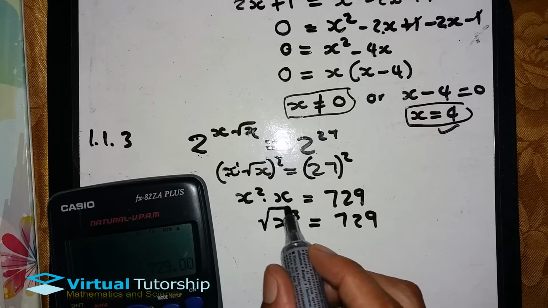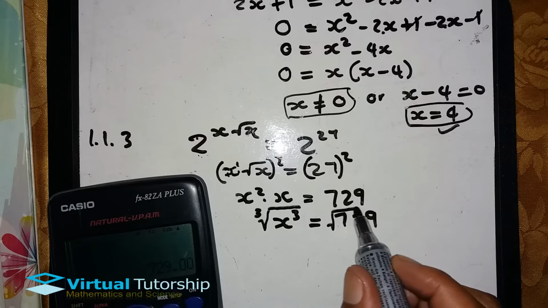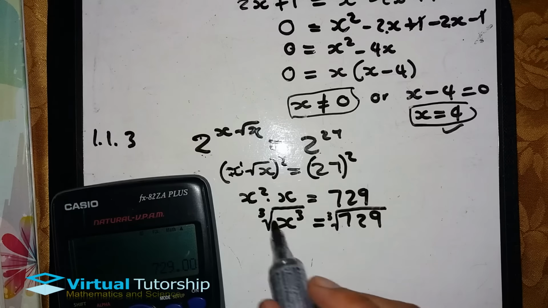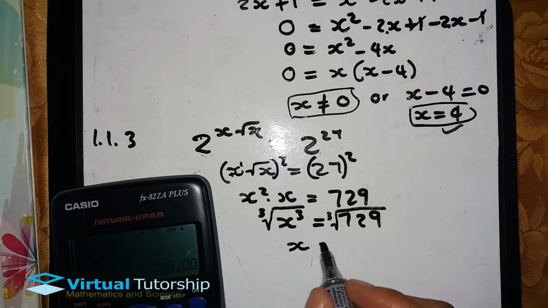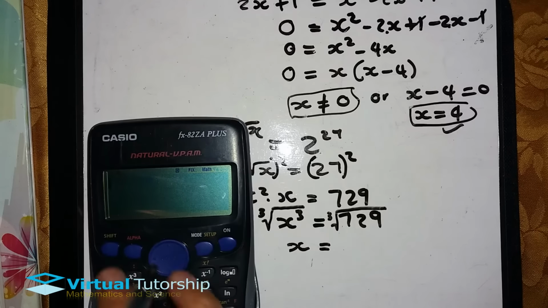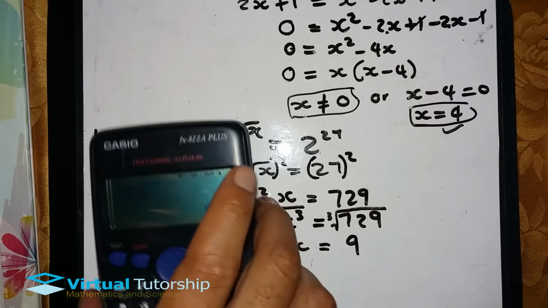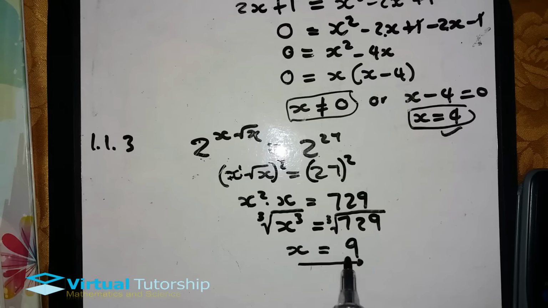So in order to get no x ngapha komele ngifake a cube root on both sides of the equation. So the cube root of x cubed, it's x equal to the cube root of 729 is equal to 9. It's equal to 9. So now I answer it. Ne?